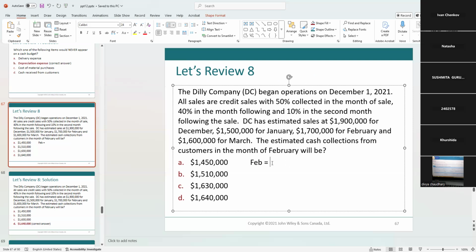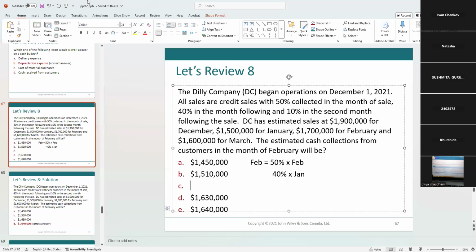So in February, what am I going to collect? First, I'm going to collect 50% of my February sales. Next, I'm going to collect 40% of my January sales.